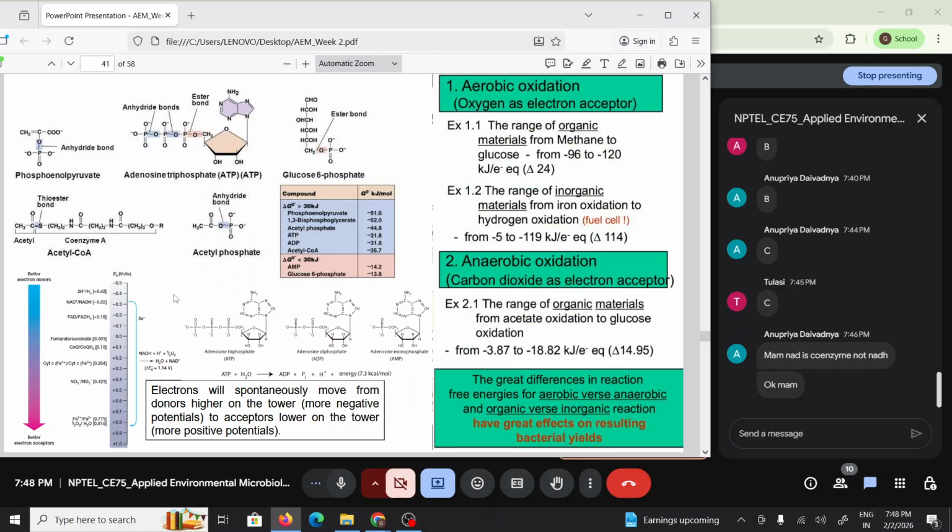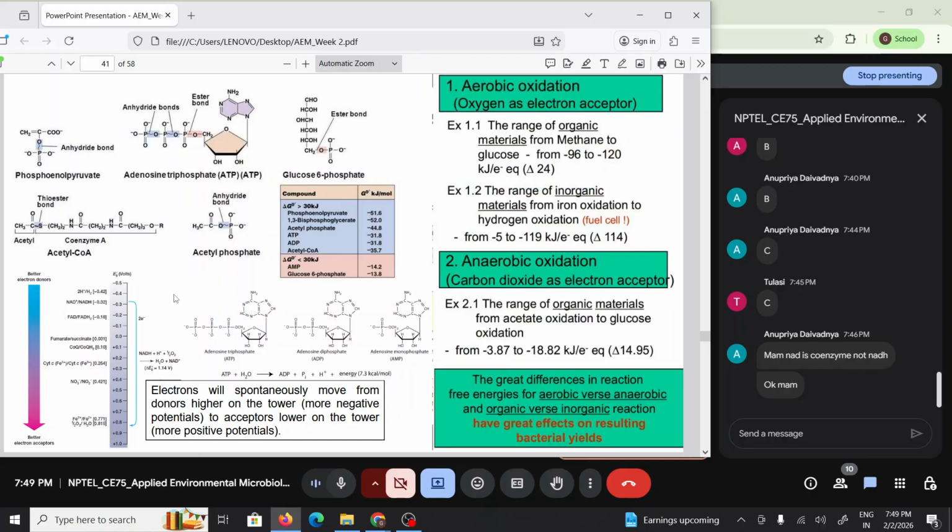In future sessions also, we'll be using this concept when we talk in detail about the aerobic and anaerobic processes, because in aerobic and anaerobic processes, your terminal electron acceptors are going to be different. Based on the terminal electron acceptors, we'll see how the amount of energy released differs.